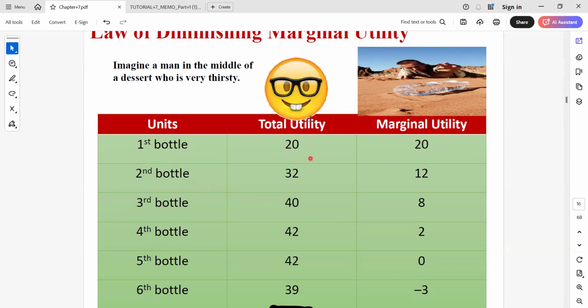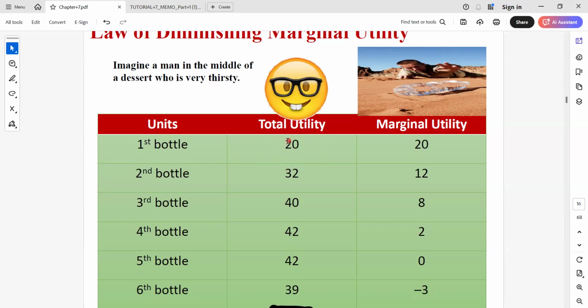Remember, the satisfaction that he's getting, we're going to measure it in terms of numbers. Those numbers are called utils. The first bottle is obviously going to be so exciting because he has not taken any water in a very long time. So he's very thirsty, so the first bottle that he drinks is going to get 20.